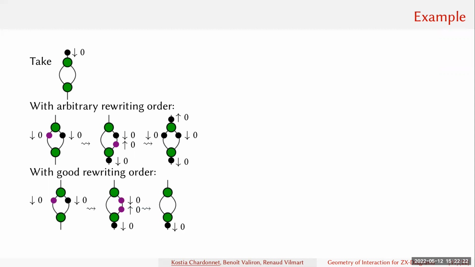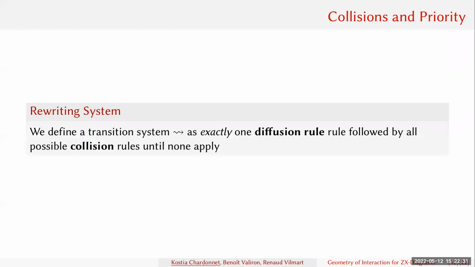So the strategy is to always do a collision when it is possible, and never ignore a collision. So the transition system is defined as being exactly one diffusion rule, followed by all the possible collision rules until none of them apply. And this is the strategy that I used in this example. If you don't do that, you can end up with a non-terminating run, and it's not something you want.